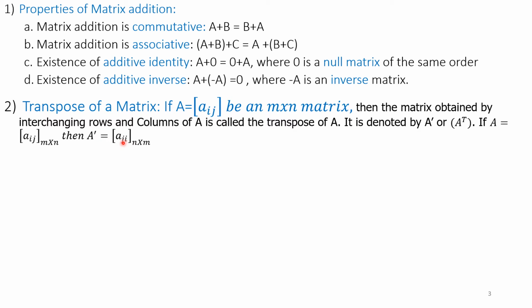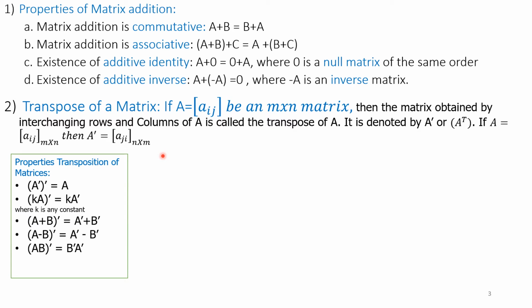See, j, the number of the column, comes first and then i. i is the row, j is the column. And this will be n by m. That is, its order changes. It is m by n for the original matrix and the transpose matrix will be n by m.